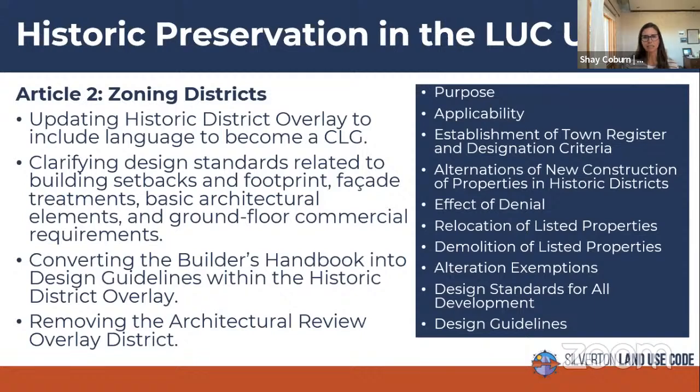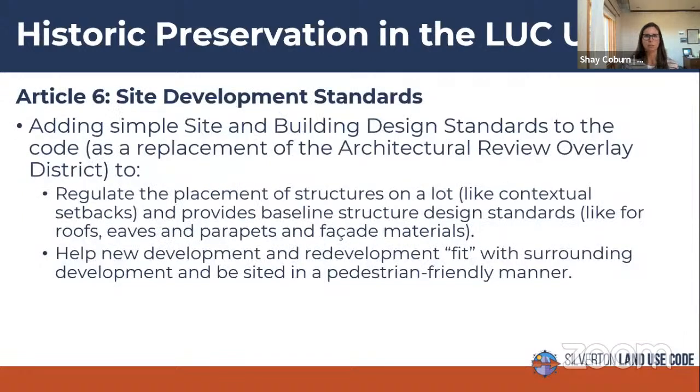And then the last item in the zoning district category is that we actually removed the architectural review overlay. And I will explain that in the next slide, which talks about Article 6. So these are site development standards. Generally, this article includes a lot of other information, but specifically in relation to historic preservation, we're adding some simple site and building design standards.